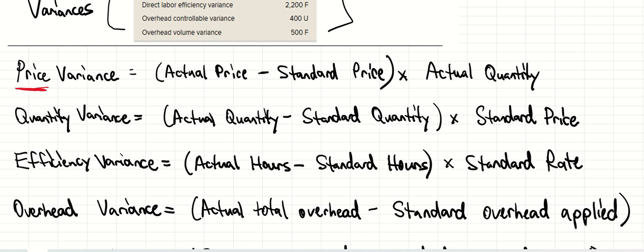So for the price variance, in order to calculate that, you have to take the actual price, subtract out the standard price, and multiply it by actual quantity. Now, the word standard is also known as your budgeted price. So standard price, standard is budget.